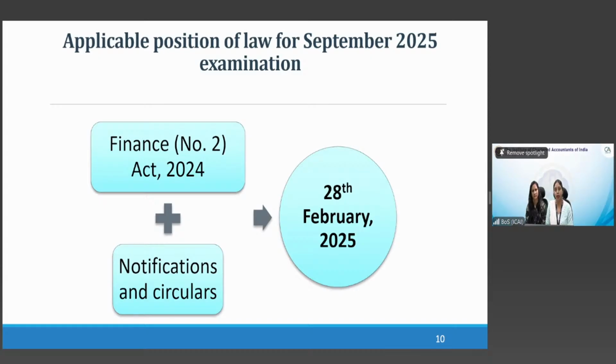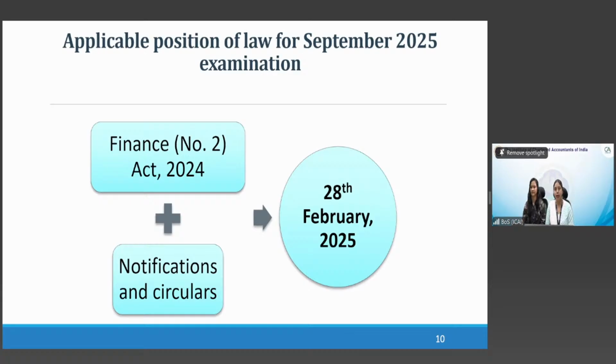So for May 25, most of the amendments made by the Finance (No. 2) Act were not applicable, but for the September examination, they have become applicable. And for this, I would like to draw your attention towards a very important fact that we have incorporated many amendment based questions in the RTP, revision test paper. It was because of this reason, because these amendments have come for the first time, they have become applicable.